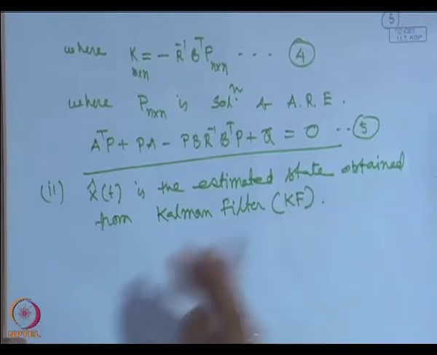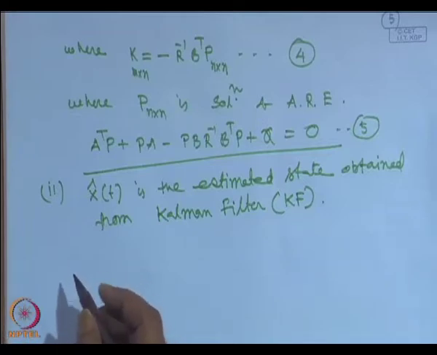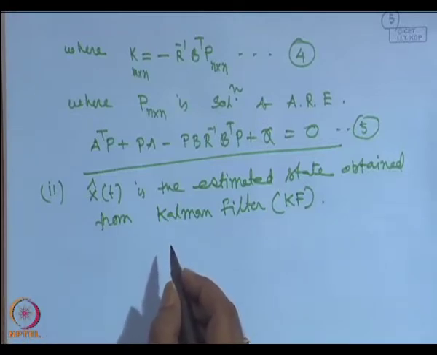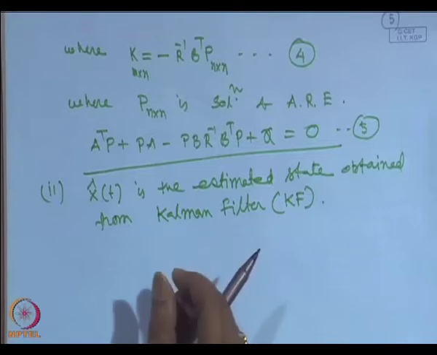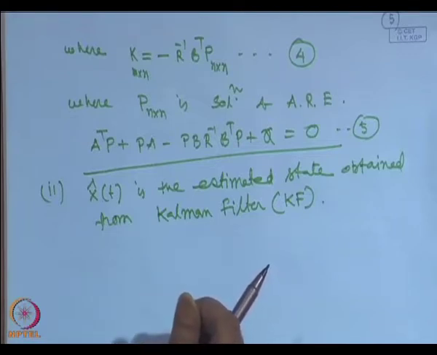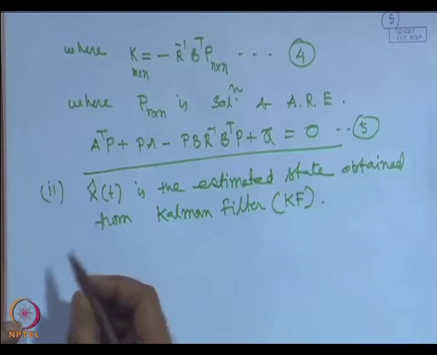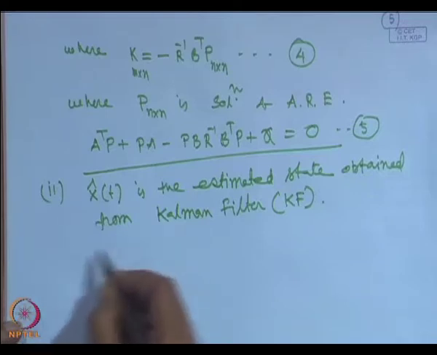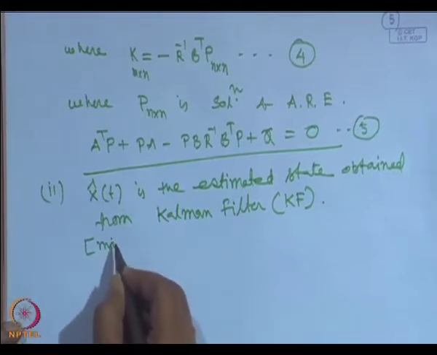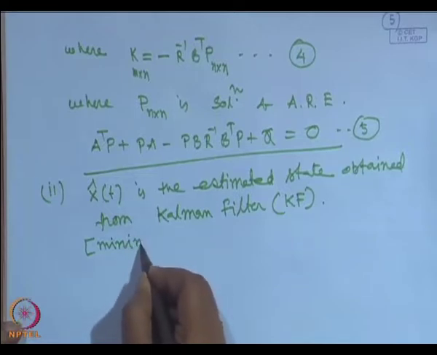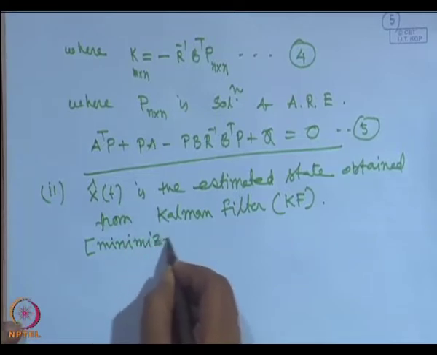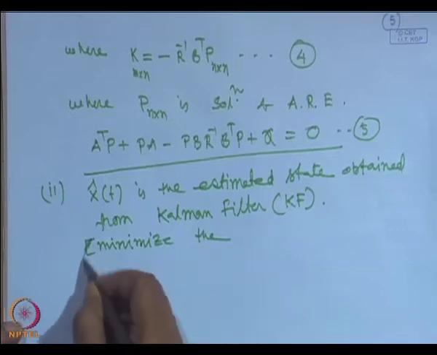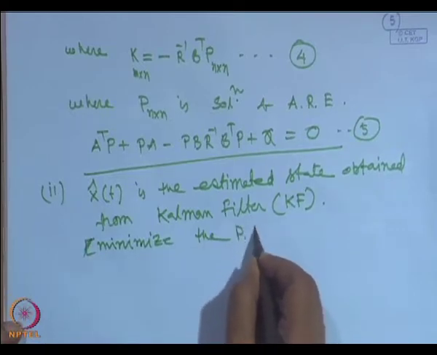So, what I am just telling is, ultimately in the Kalman filter they are minimizing a performance index, and that performance index is the trace of the error covariance matrix. So, minimize the performance index.